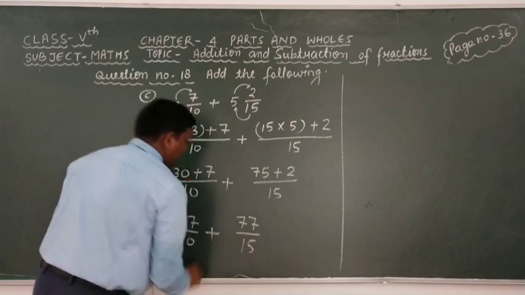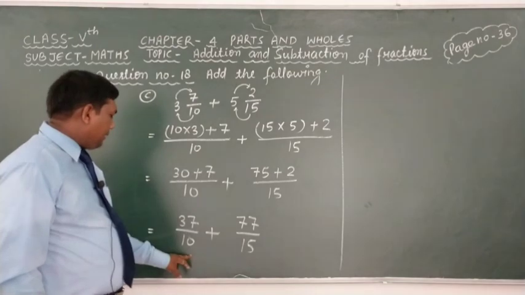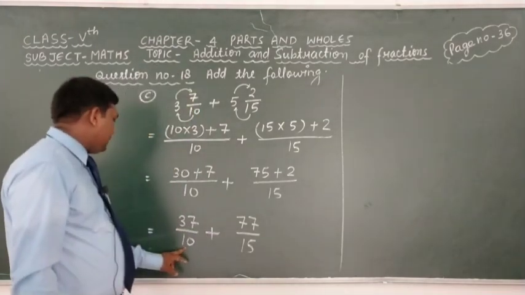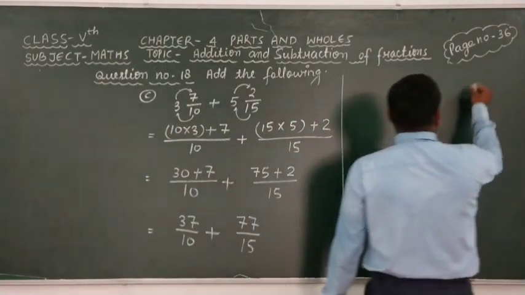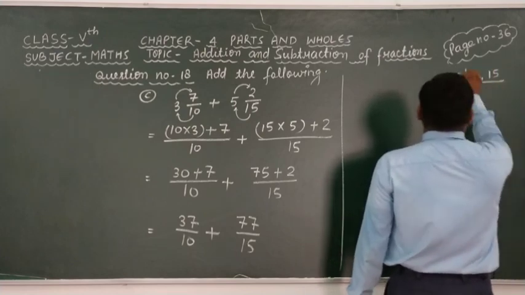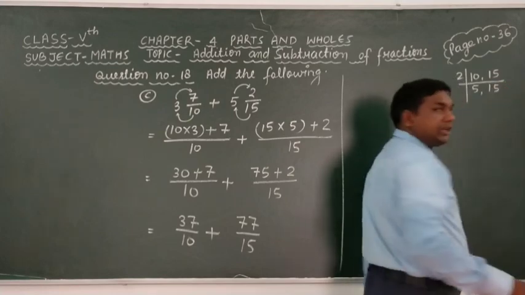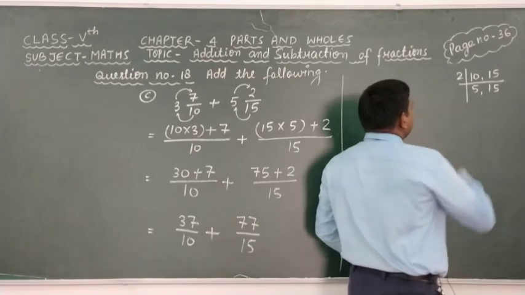Look at the denominator parts. Here given 10, here given 15. It means that the denominators are not the same. Therefore we take the LCM of 10 and 15. 2 times 5 is 10. We know that 15 is not divisible by 2, therefore we take 15 as same.